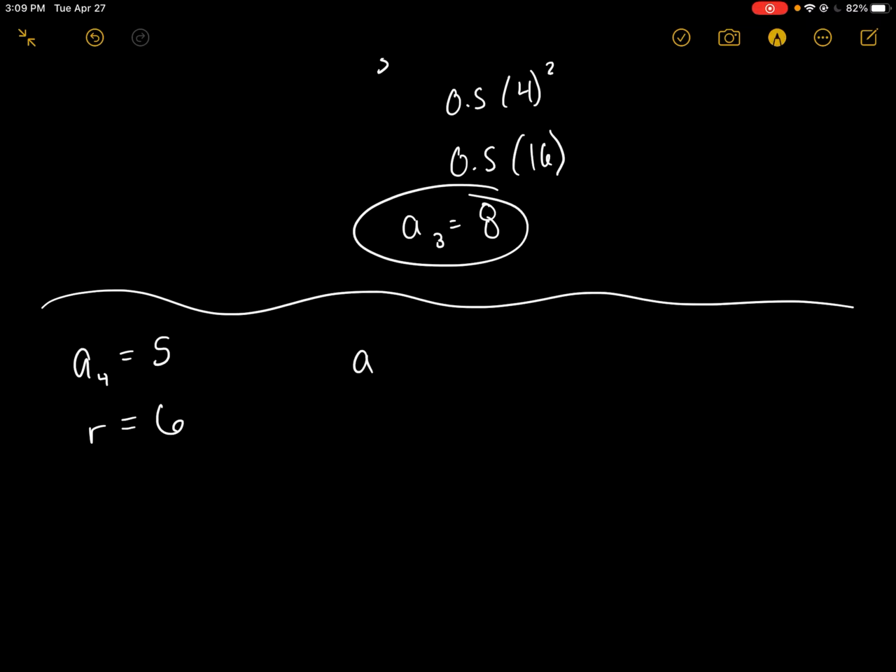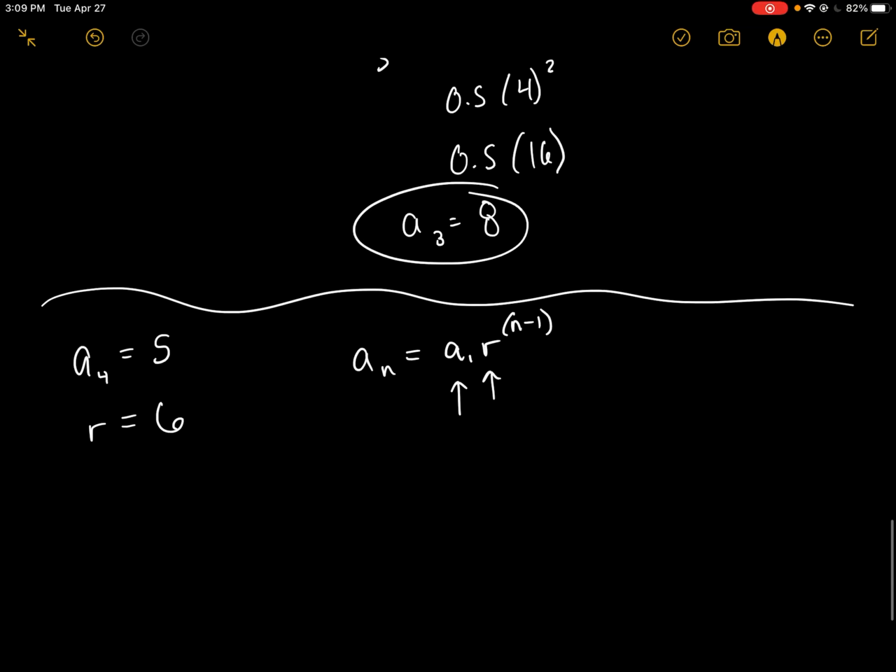So here are a few types of questions that you should be prepared to see in these situations. We'll go over one of them here. They might give you, let's say, the fourth number in a sequence, and they'll give you the common ratio. And just like before, you are going to have to solve. So always, always, always start off with that formula and plug in everything that you know.